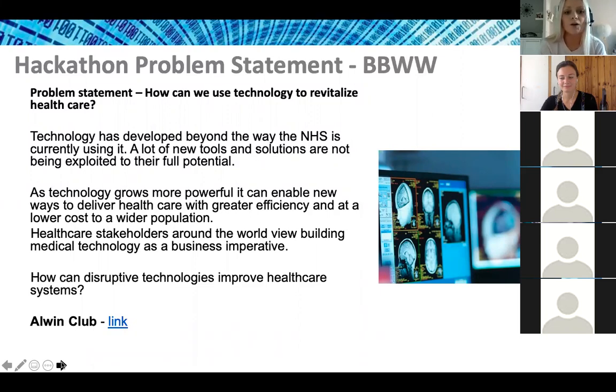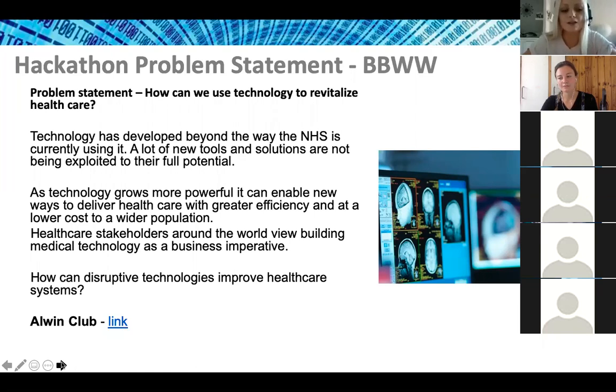As technology grows more powerful, it can enable new ways to deliver healthcare with greater efficiency and at a lower cost to a wider population. Healthcare stakeholders around the world view building medical technology as a business imperative. How can disruptive technologies improve healthcare systems? So that's the question we're looking at here.